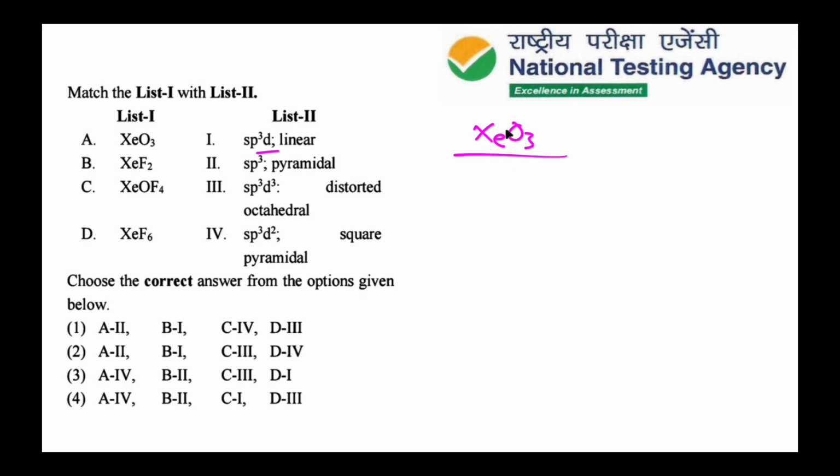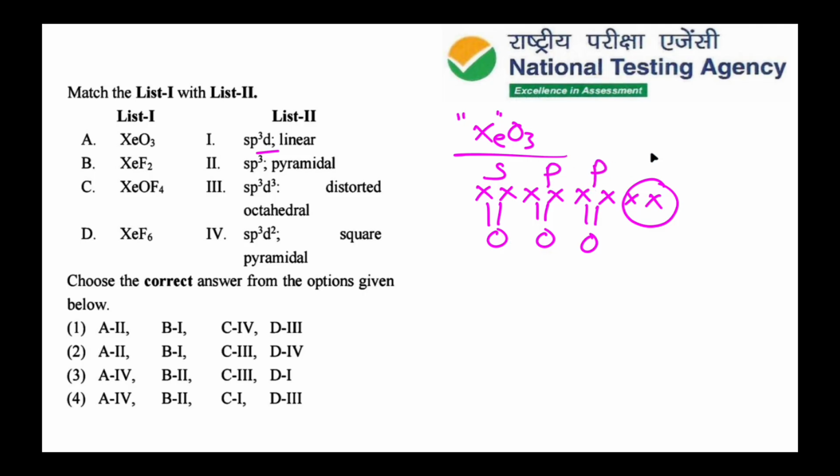XeO3. We know the simple method. Xenon belongs to the 18th group, so it has 8 valence electrons. We know very well oxygen can form 2 bonds with a central atom, so each oxygen utilizes 2 electrons. The remaining 2 electrons are 1 lone pair. So each orbital contains 2 electrons: s, p, p and p.